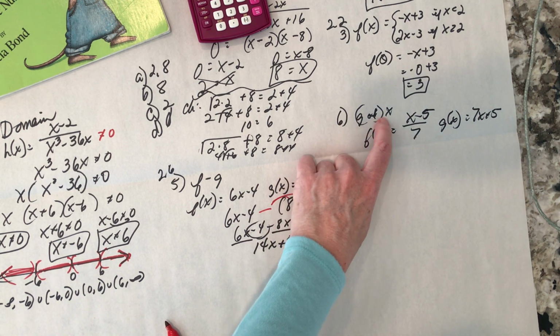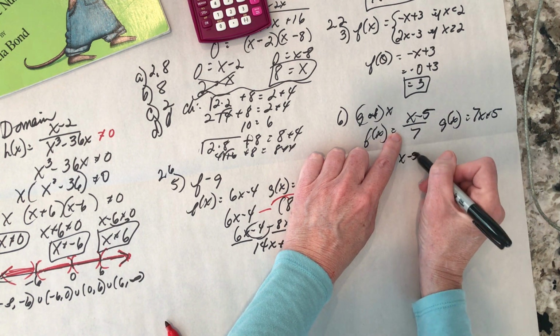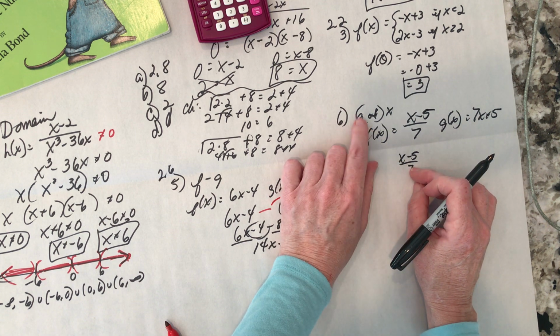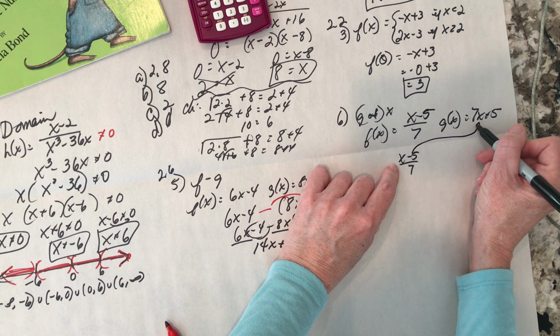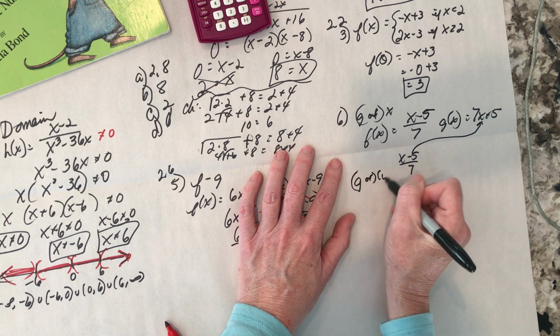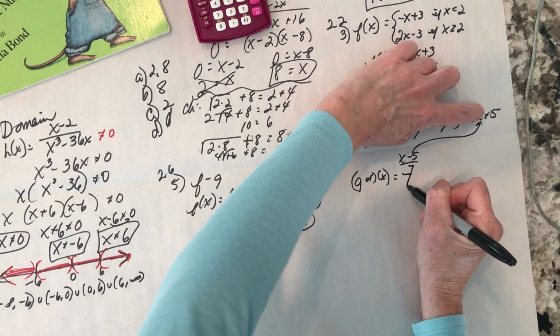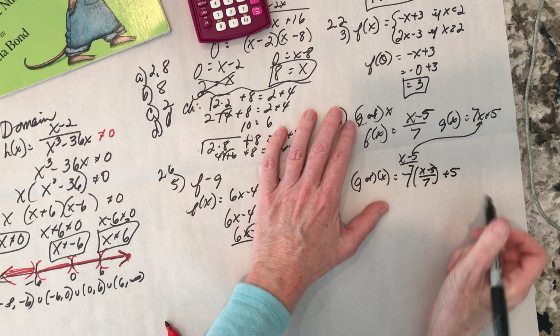So let's start on the inside, start with f of x. So we're taking our (x minus 5) over 7, and we're going to take that with us to the g function. So this entire piece is going to slip into place right there. So g composed of f of x is going to look like 7 times ((x minus 5) over 7) plus 5.